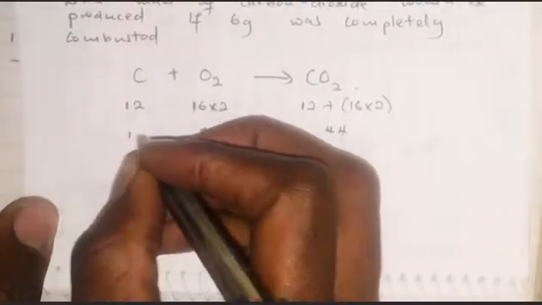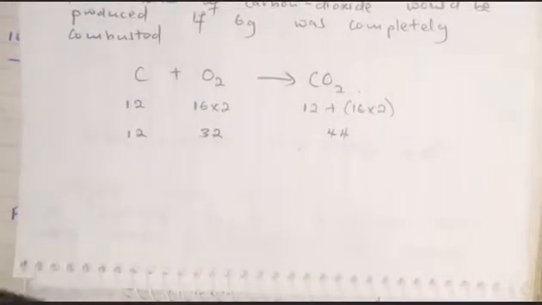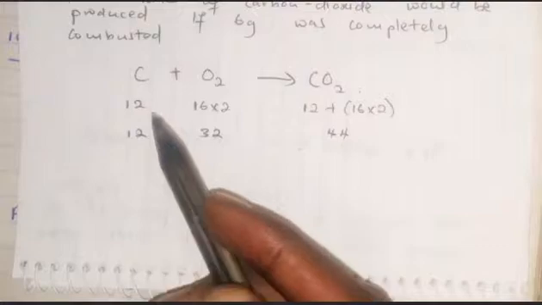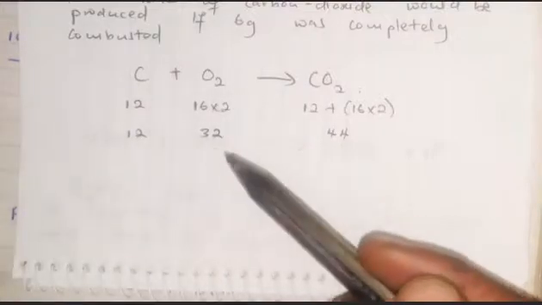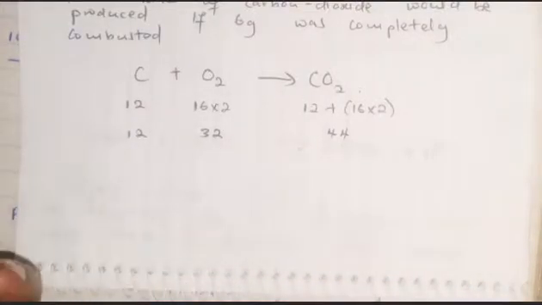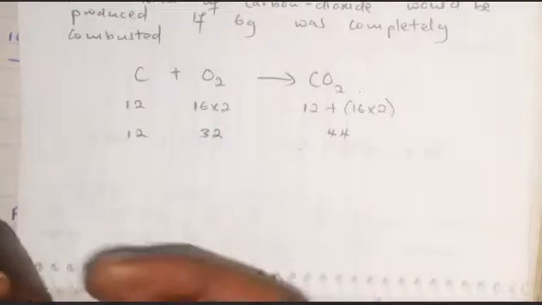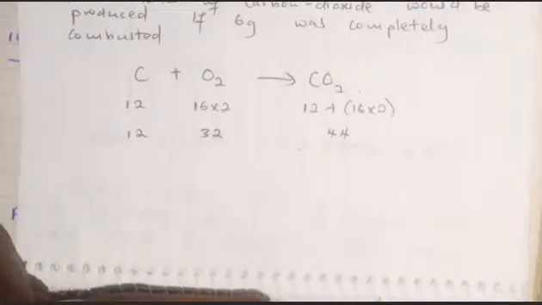So 12 grams of carbon reacts with 32 grams of oxygen to give 44 grams of carbon dioxide.